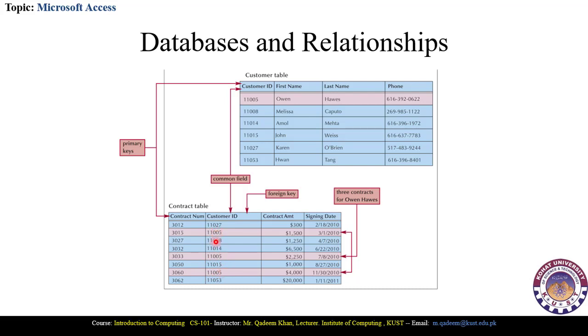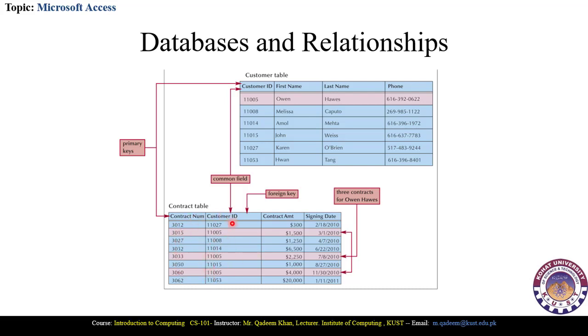So this primary key, which is a foreign key here, is redundant in three different records. But these three records have a unique primary key called the contract number. You can see 3015, 3033 and 3060 are in fact unique for these particular records.